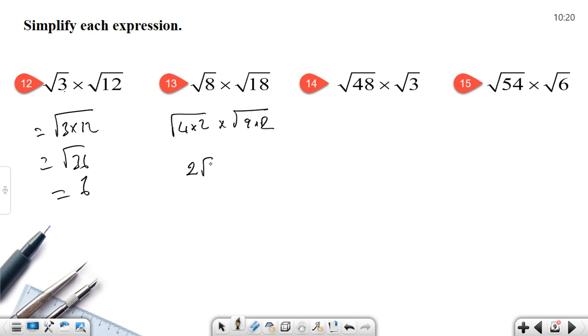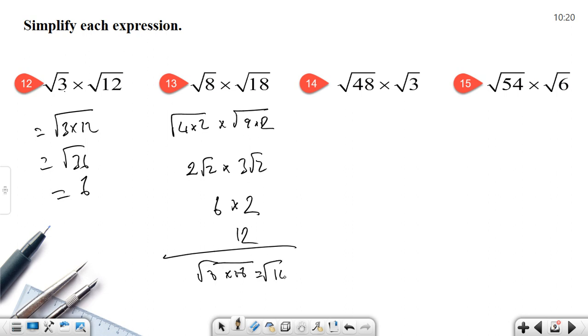Square root of 4 is 2 square root of 2, multiplied by square root of 9, 3 square root of 2. 2 times 3 is 6. Square root of 2 multiplied by square root of 2 is 2. 6 times 2, 12. This is another method. Of course, square root of 8 multiplied by 18 equals square root of 144, and then this is equal to 12.